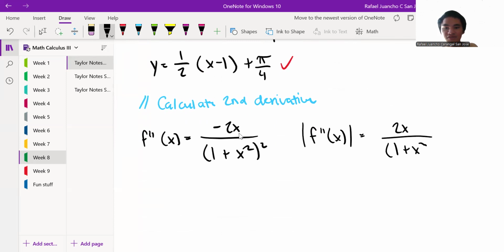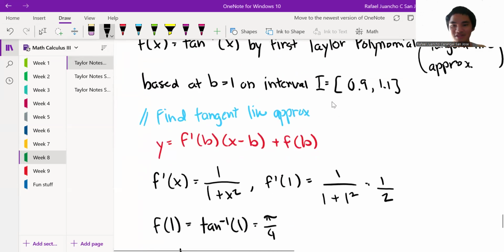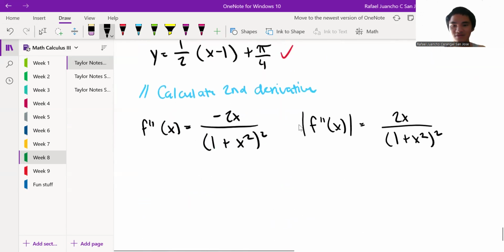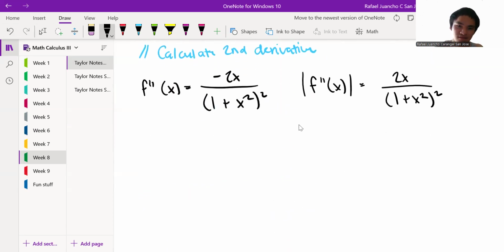That's really all the difference to it. We want to get rid of the negative values, right? How do we know? Because it's 0.9 to 1.1, and these are positive numbers, so that's why. Cool.